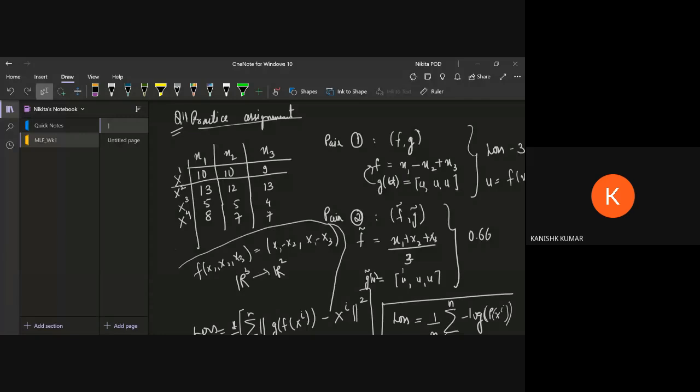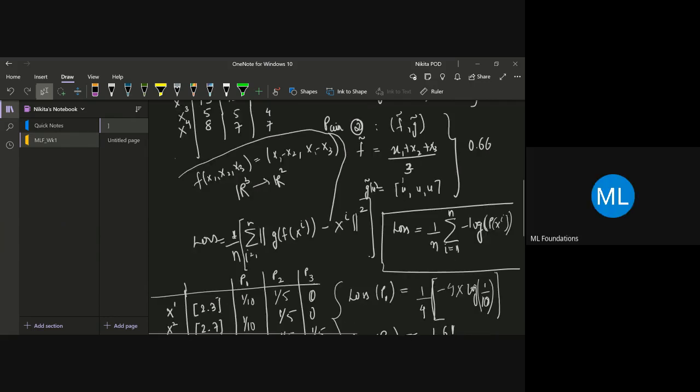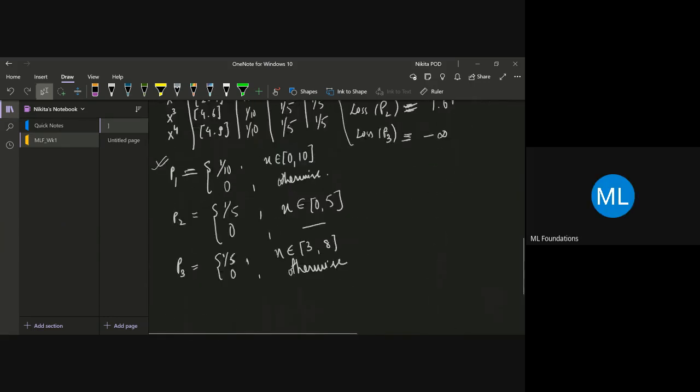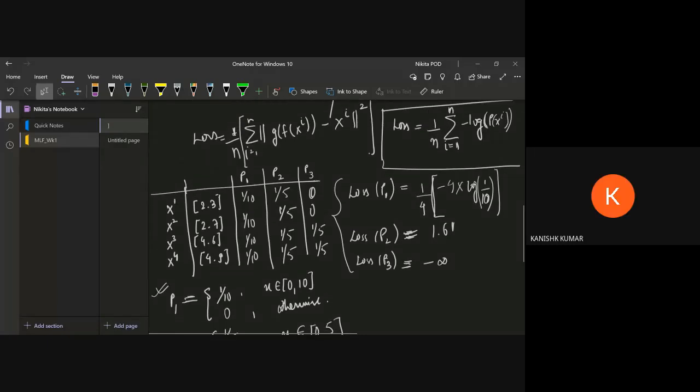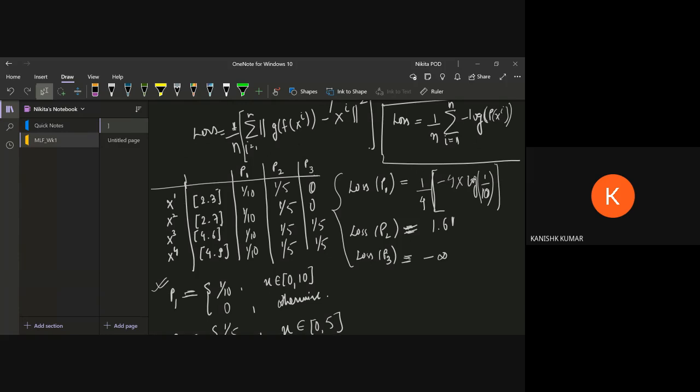Actually, for the loss of P3, we all know that log of 0 is infinite, undefined. But there are other values as well. So why does the entire loss become infinite? Did you calculate the loss of P3? Yes, it's 1 by 4, the bracket, and the individual log of 0 plus log of 0, plus minus 2 log of 1 by 5.